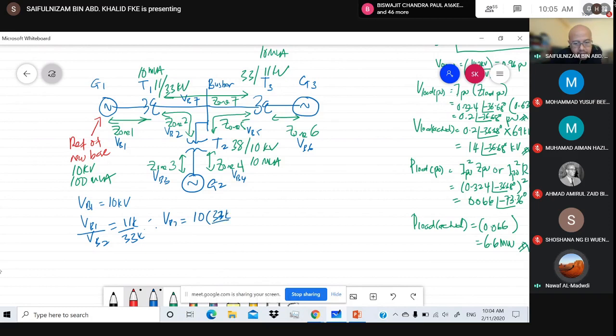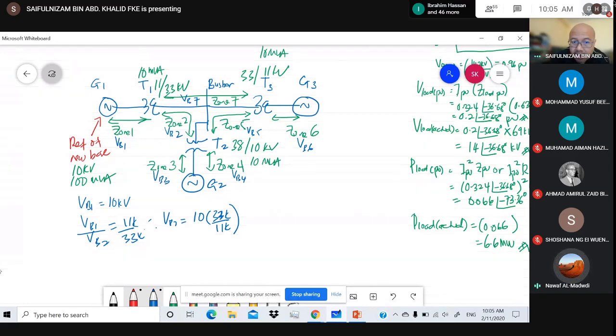Sir, I just have a question. Can we go from VB2 to VB7 directly, or we cannot? VB7 is from the HV side of the T1 to the HV side of the T3.